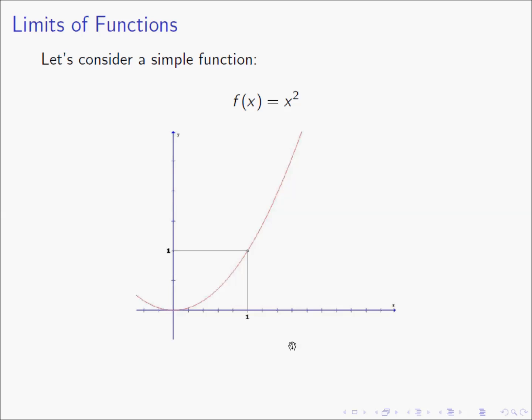But here, when we're studying limits, we're not interested in that kind of information. We're interested in how the function behaves. And let's talk a little bit about that. Here, for example, when x approaches 1 here in the x-axis, f of x, which takes values on the y-axis, also approaches 1.